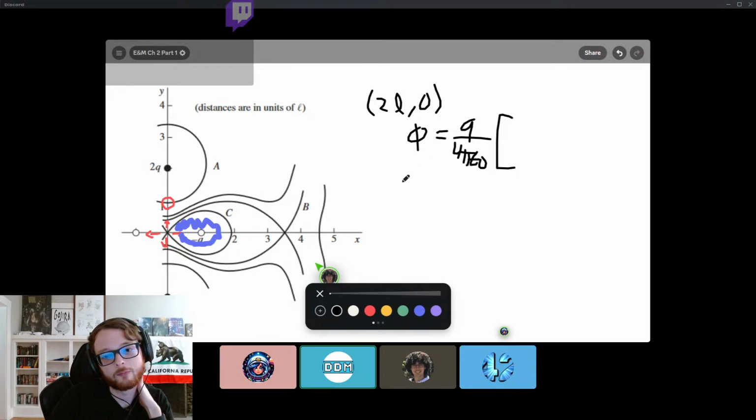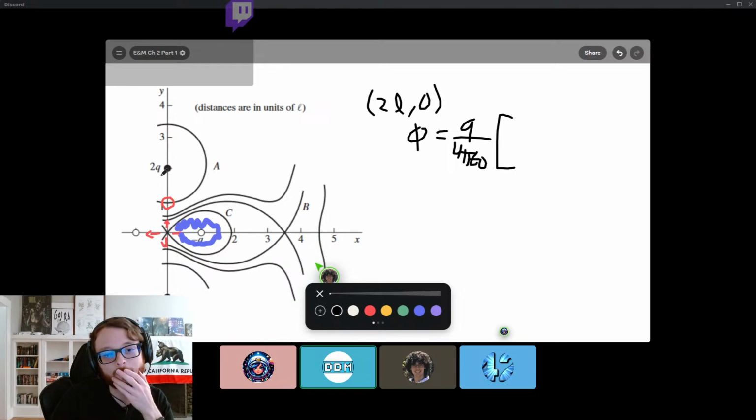So the distance for the what? That might be predicated on the hypothesis that these signs don't change, but we'll see what happens. Yeah, we might end up getting the same sign. So the bottom of the triangle is 2L.